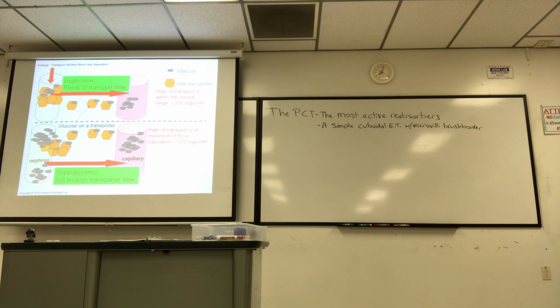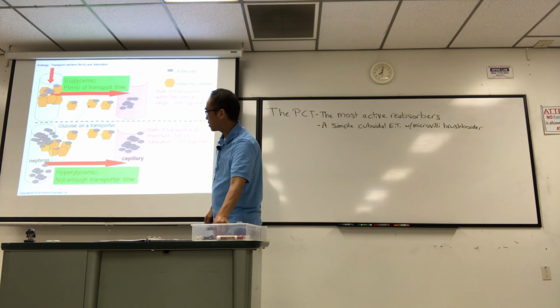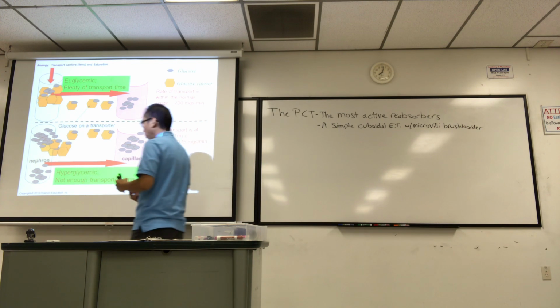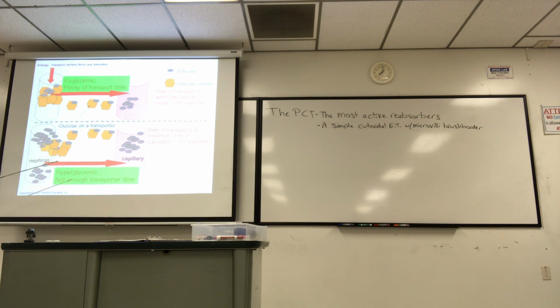We'll focus on reabsorption. The idea of reabsorption is you remove something from the filtrate and you put it into the blood. To use this ferry analogy, imagine you're transporting glucose out of the filtrate to reabsorb it into the bloodstream. Let's say your blood glucose level is within the normal range.